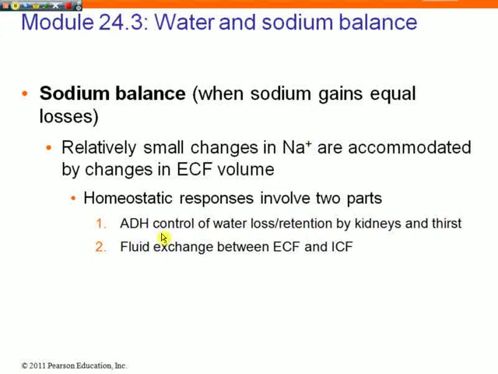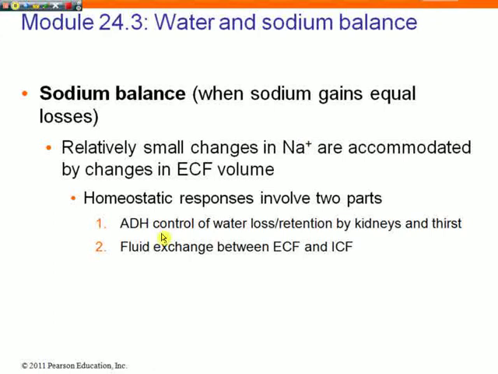So I said sodium was a very important ion, and it is. And so we're going to take a look at that in a little bit more detail here. Sodium balance is when the gains equal the losses. Relatively small changes in sodium are accommodated by changes in the ECF volume.